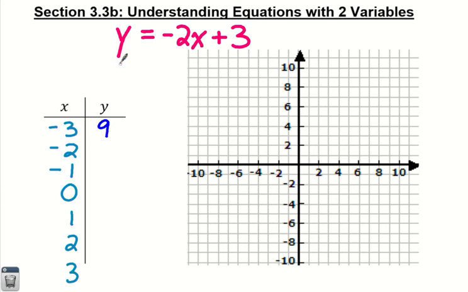I'll even write this out at least once here. If x was said to be -3, then you would just do all this, because that's what y would equal. So -2 times -3 is +6, and then +6 plus 3 is 9. So when x equals -3, y equals 9.